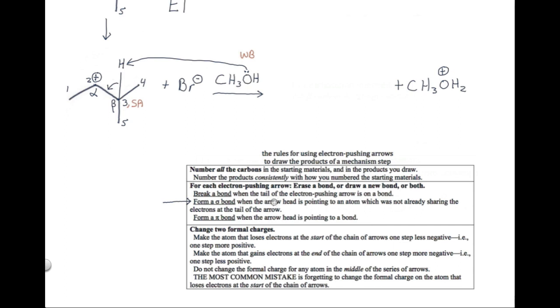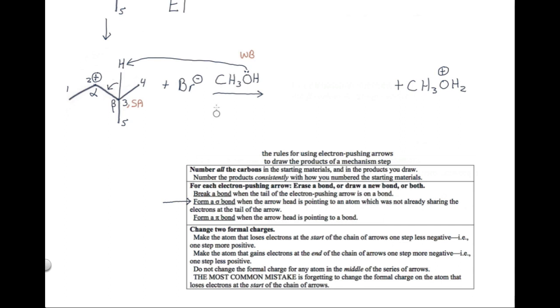This is a little bit of a complicated rule, but notice that the head of this arrow is pointing to the hydrogen, and the tail of the arrow is on this lone pair. Notice that in this picture, the hydrogen is not yet sharing the electrons in the lone pair. So this is a case where the arrowhead is pointing to an atom which is not already sharing the electrons at the tail of the arrow.